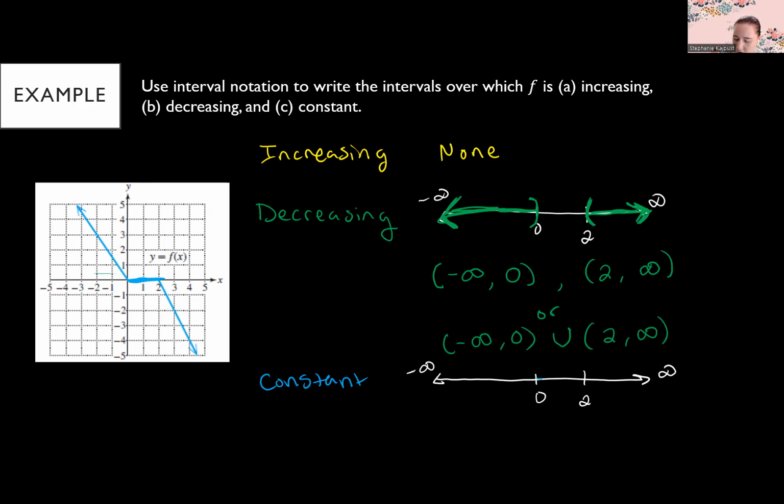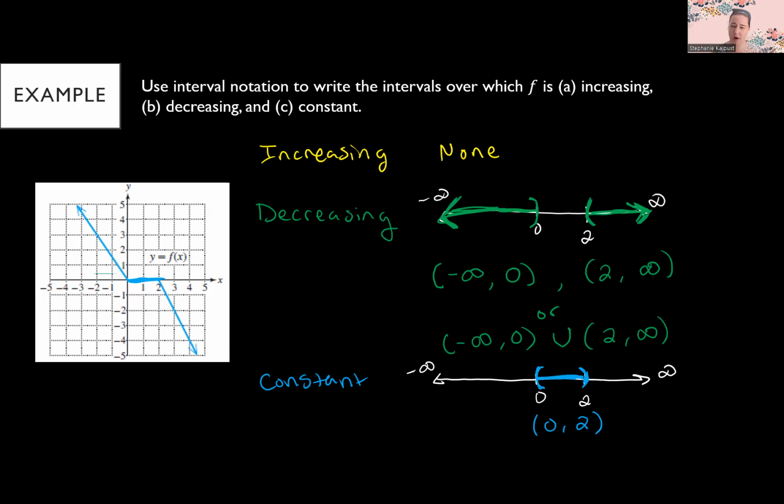We are constant in that section, we're flat, and it's a transition on both of them. So we're going to use open parentheses, from 0 to 2, it is constant. We have open parentheses there because those endpoints are both, and they can't be both at the same time. It's either one or the other.